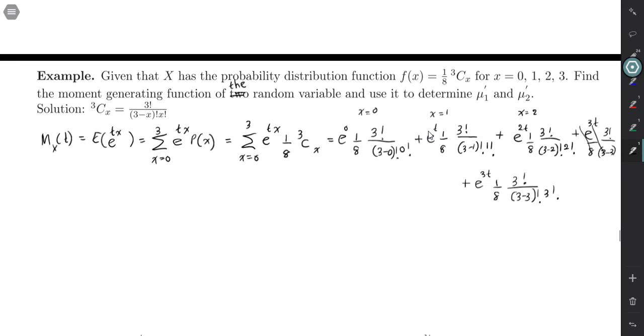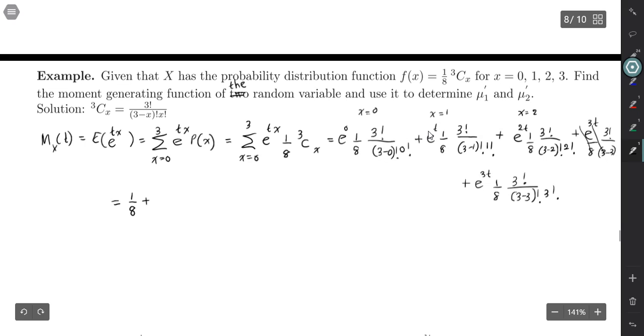Okay, if we simplify this, what do we get? E to the power 0 is 1. The 3 factorial and 3 factorial at the bottom cancel out. 0 factorial is 1 by definition. So the first term is only 1 over 8.